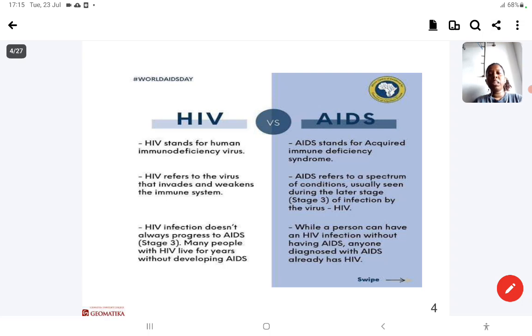HIV infection does not always progress to AIDS, which means stage 3, and many people with HIV live for years without developing AIDS. AIDS stands for acquired immune deficiency syndrome, and is referred to as a spectrum of conditions usually seen in the later stage, which is stage 3 of infection by the virus, meaning HIV. While a person can have HIV infection without having AIDS, anyone diagnosed with AIDS already has HIV. Next, we move to the next slide.